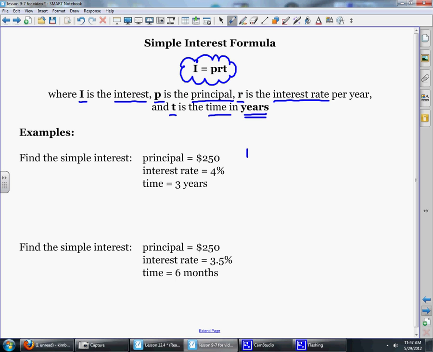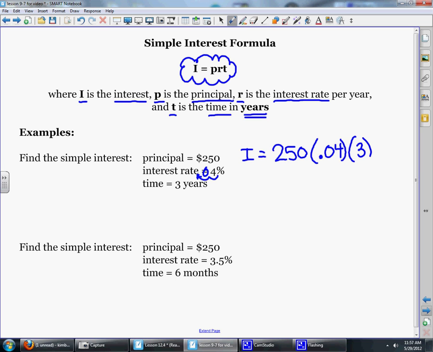So let's find the simple interest on this account here. So we have the interest, and that's going to equal your principal, which is $250, multiplied by your rate. Now 4%, we need to change that to a decimal, so we move it 2 places to the left. To hold the decimal point out there, we have to put in a 0, so we put 0.04, and then we're going to multiply it by the time in years.